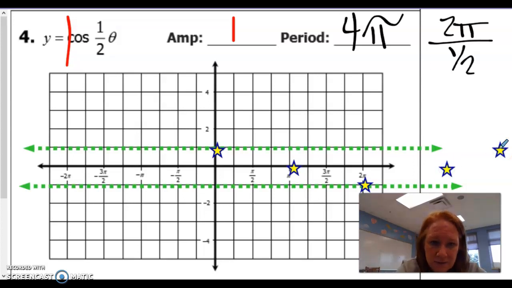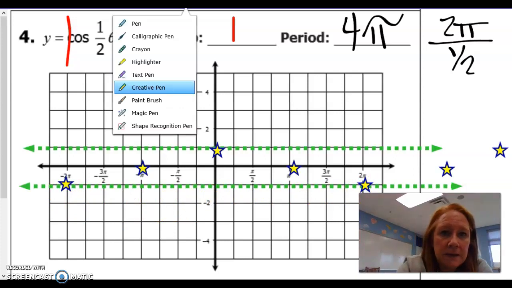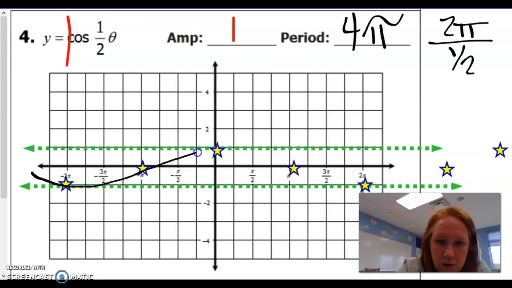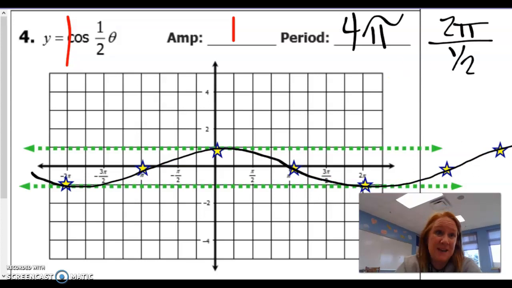But I can also go backwards and find it the backwards way. Because from negative 2 pi to positive 2 pi, that's 4 pi, so that's 1 whole time through. So the 1/2 made it way bigger.